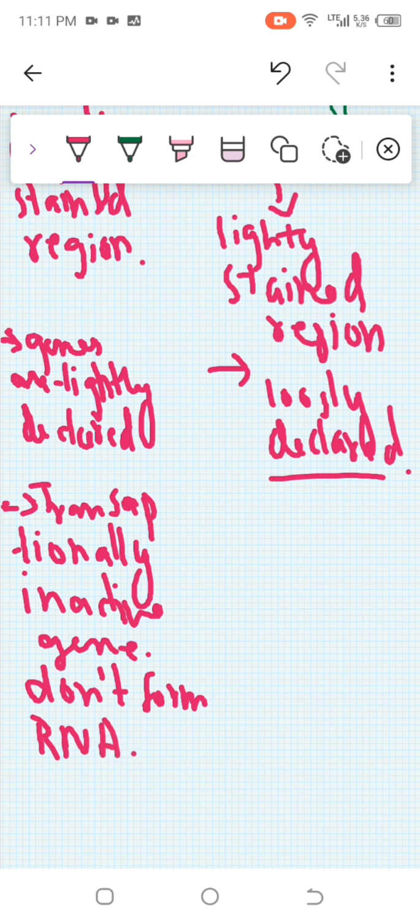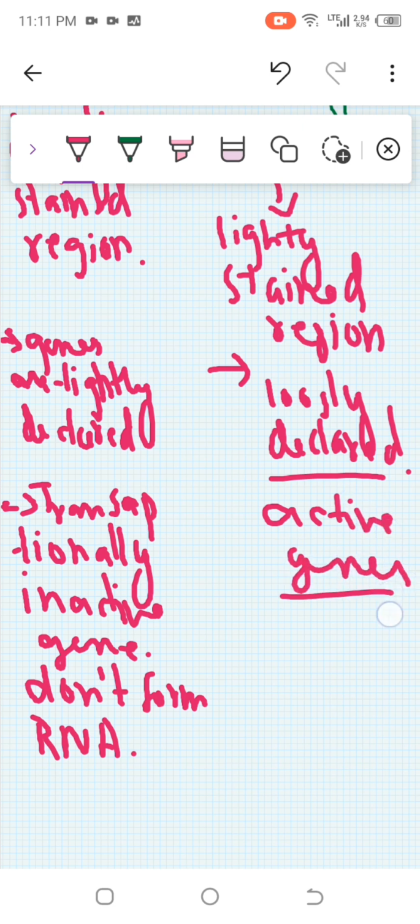However, in euchromatin the genes are transcriptionally active and they form RNA too.